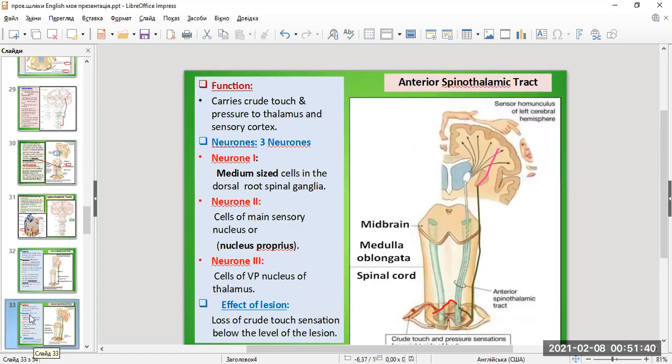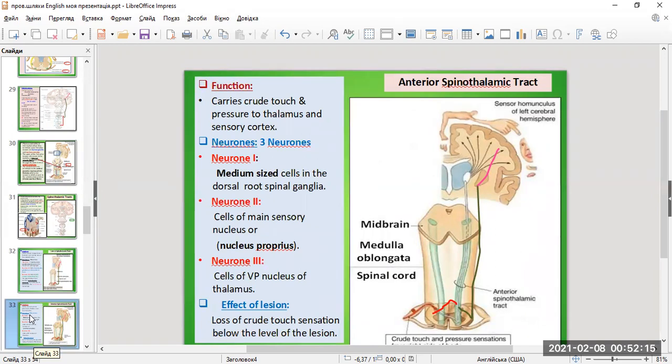Anterior spinothalamic tract function: carries light touch and pressure to the thalamus and sensory cortex. Contains 3 neurons. Neuron number 1, medium-sized cells in the dorsal spinal ganglia. Neuron number 2 are cells of the main sensory nucleus or nucleus proprius.